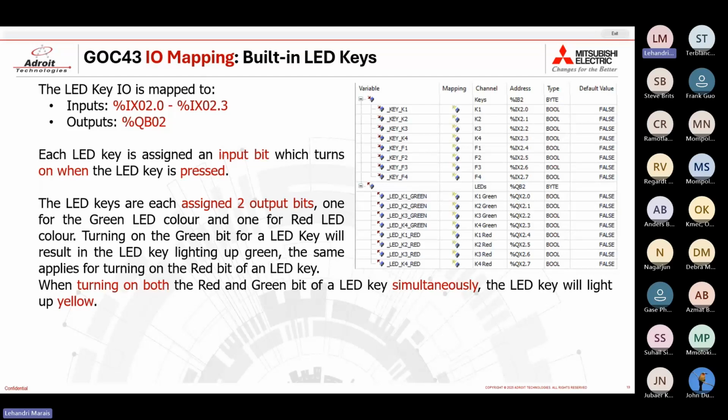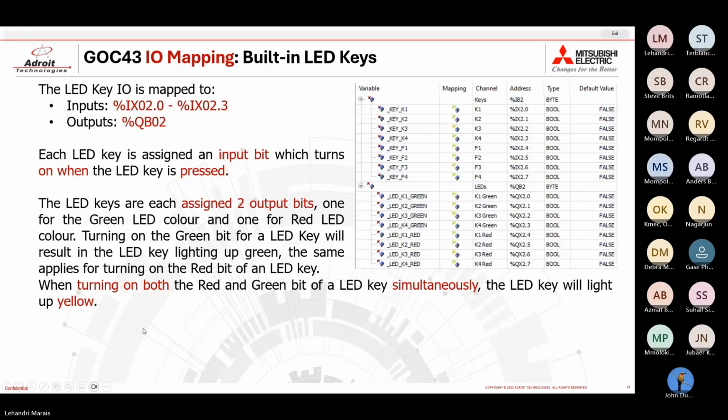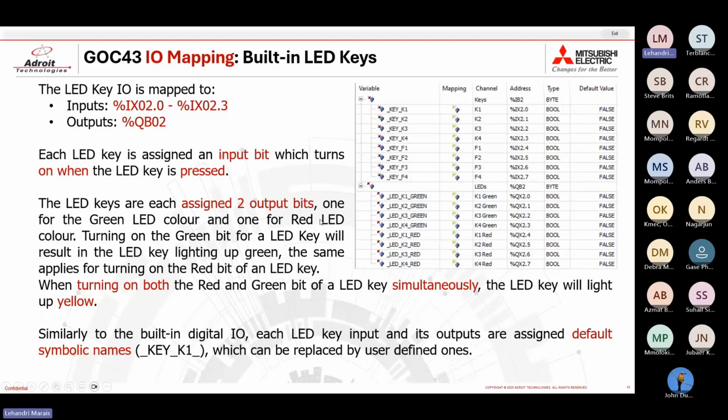When the green bit is turned on, the LED lights up green, and when the red one turns on, the LED lights up red. When both of these output bits are turned on simultaneously, the LED key will light up yellow. Similarly to the digital IO in general, you can rename these LED input and output bits, or you can just keep the default symbolic name that is already there.